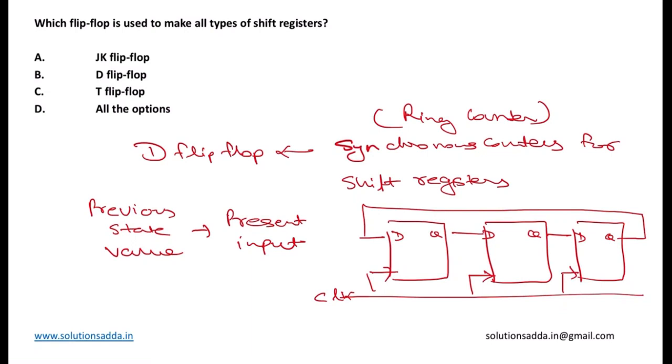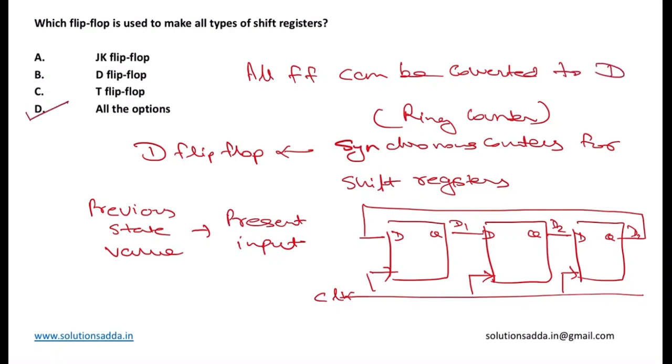So this is how a ring counter looks using D flip-flop. Since option D, all of the options, is also here, and we know that all flip-flops can be converted to D flip-flop, therefore the most suitable answer is option D, all of the options.